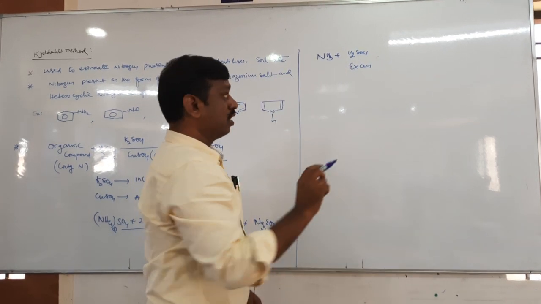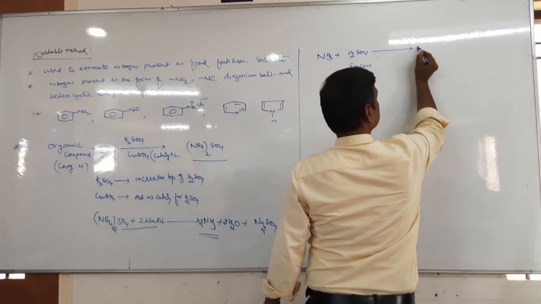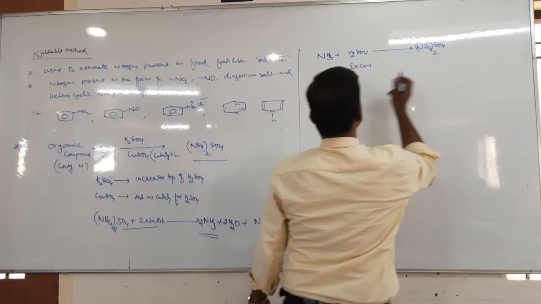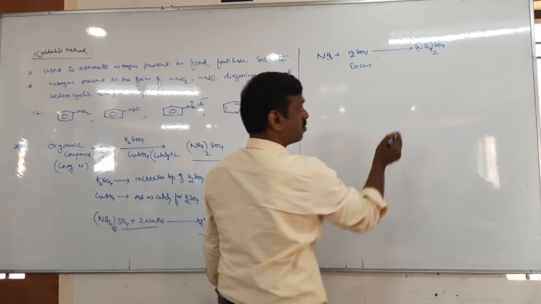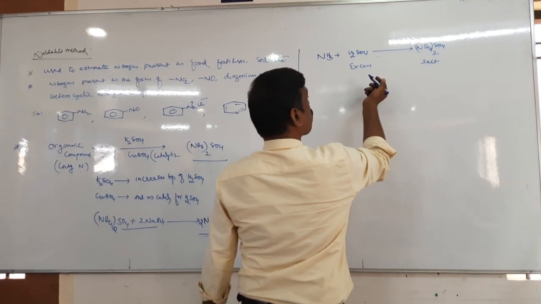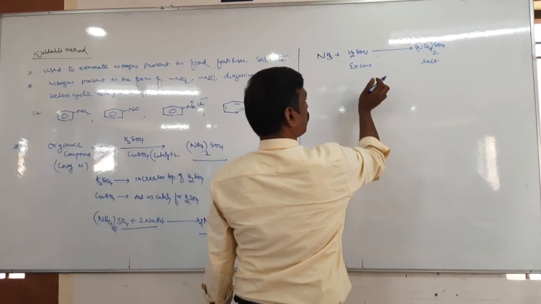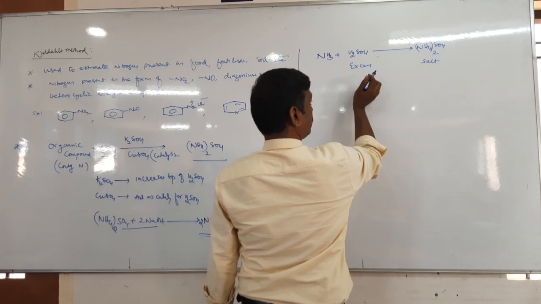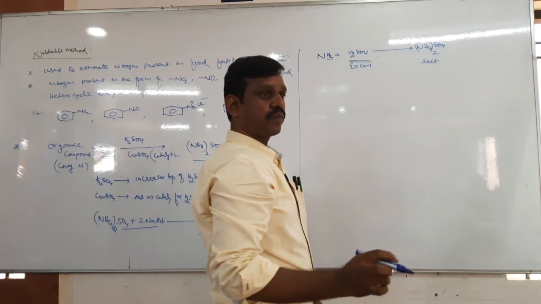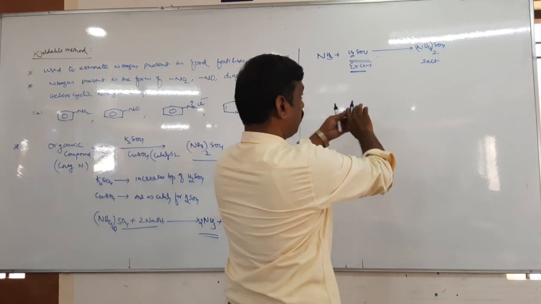Now ammonia reacts with excess of sulfuric acid. What does it form? Ammonium sulfate will be formed. Ammonia plus sulfuric acid gives ammonium sulfate, which is a salt, plus what? There is an excess of sulfuric acid, we have taken excess.